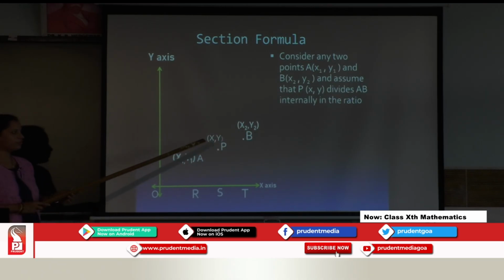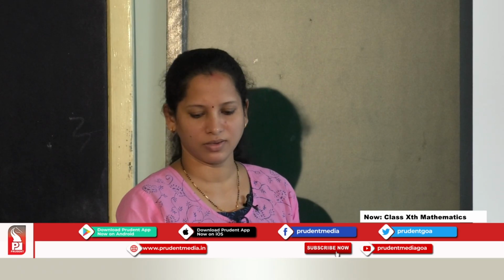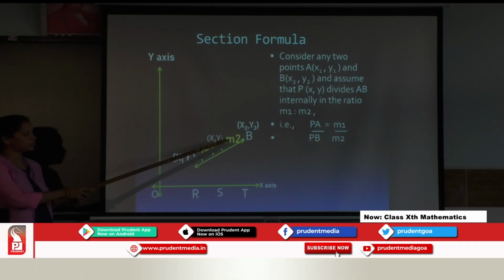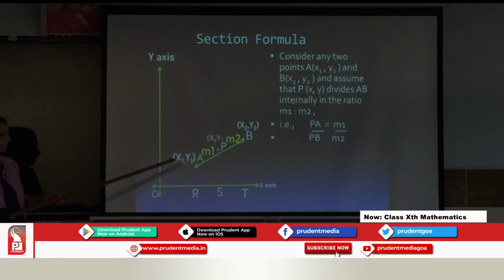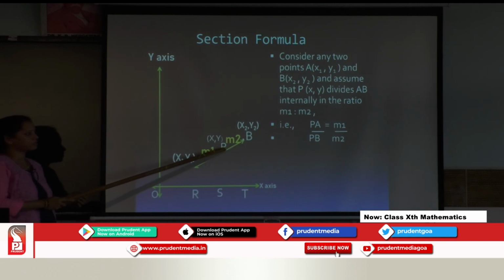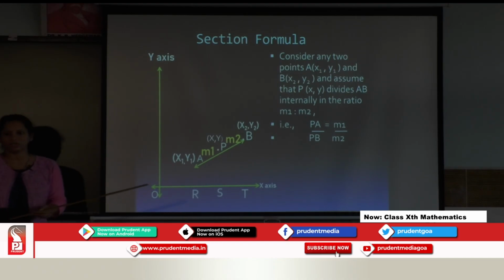So now here also we have to find the coordinates of P, that is x comma y. So here the ratio is M1 is to M2. So that is PA and PB, PA is equal to M1 and PB is equal to M2. So PA upon PB is equal to M1 upon M2.